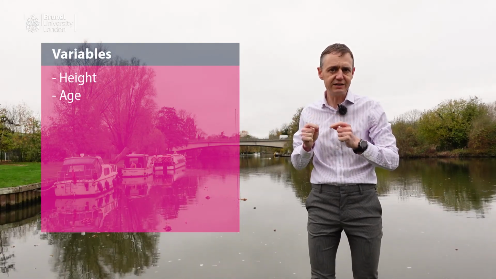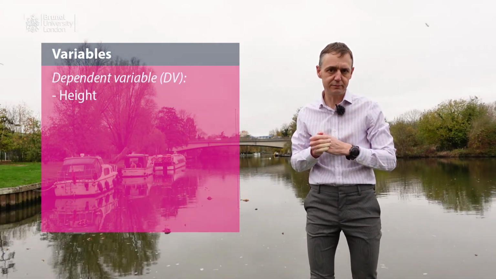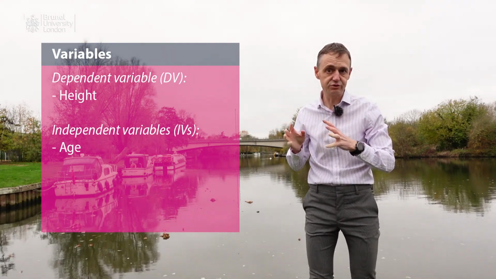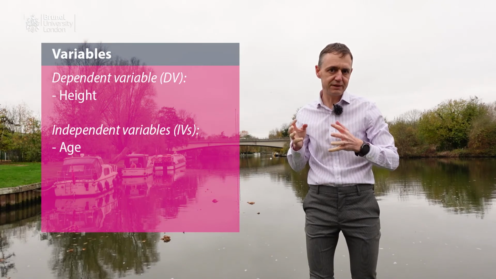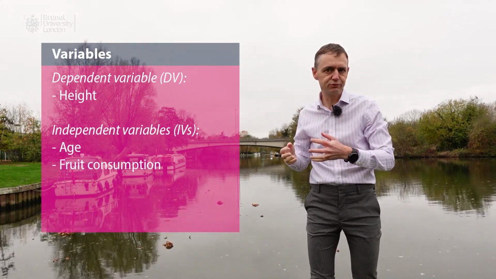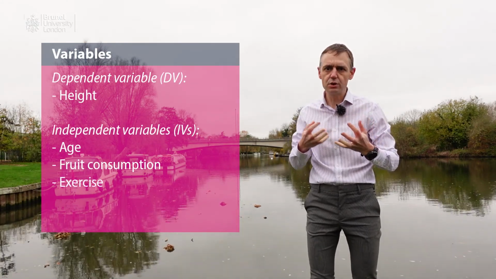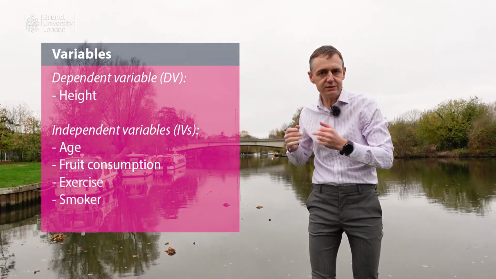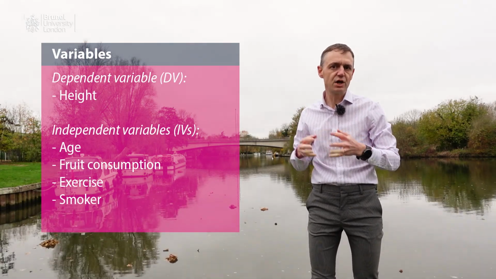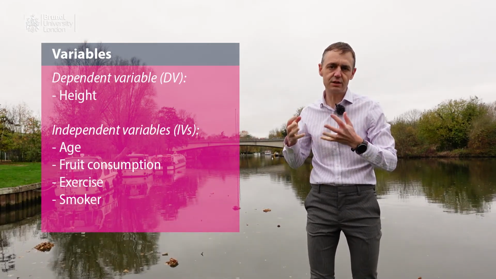We would consider height to be the dependent variable and age to be the independent variable. Your height depends on your age, but your height isn't just dependent on your age. There are other potential independent variables such as how much fruit you eat, how much exercise you do, whether you smoke, and so on. So height would be the dependent variable and the independent variables would be age, fruit consumption, amount of exercise, and whether you smoke.